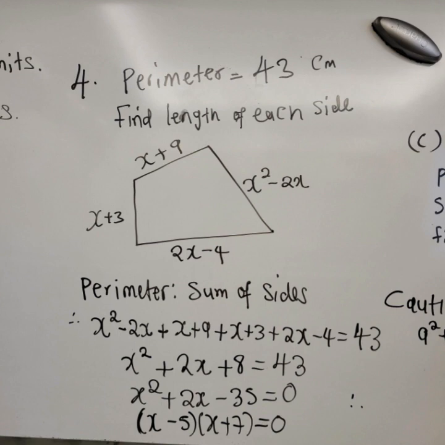So we can say plus 2x, right? Now we are done with all the constant terms on the left side. We have 9 here, minus 4, which is 5, right? Then 5 plus what? Plus 3, which is 8. Okay. So this is plus 8 is equal to 43.